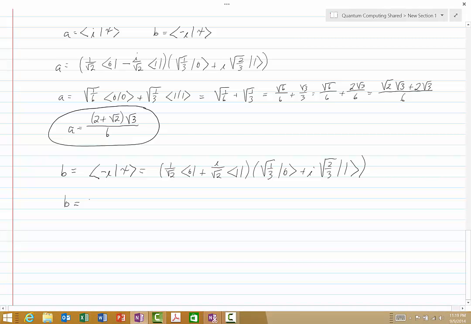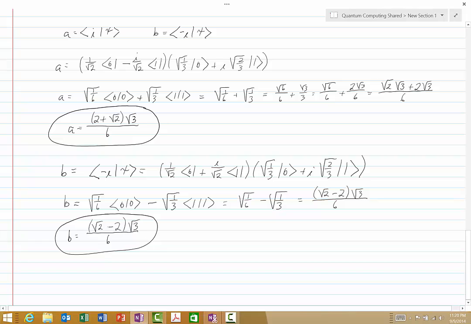So we get square root of 1/6 then minus square root of 1/3, and there would be B.